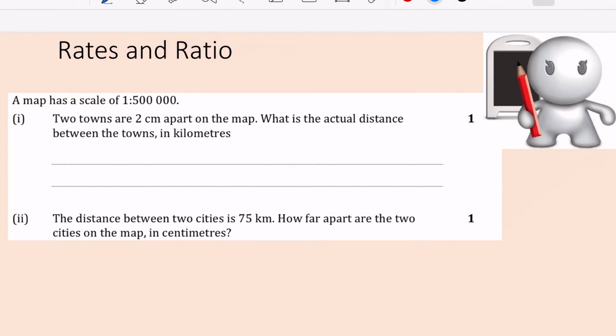Now another question that you'll have to get a good understanding of is scale on a map or on a drawing. You've got two numbers. The first one represents the measurement on the drawing.